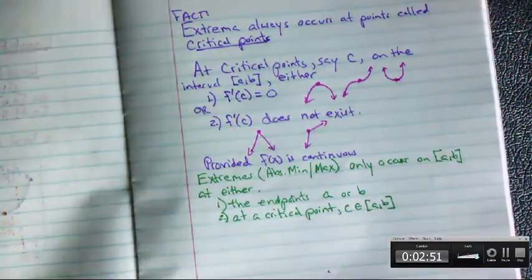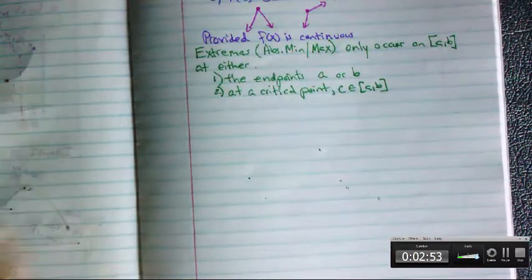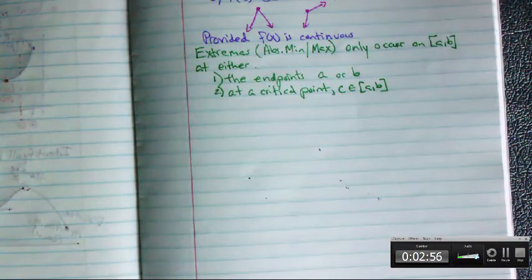Or at a critical point, we'll call C, where C is an element of the interval A to B.